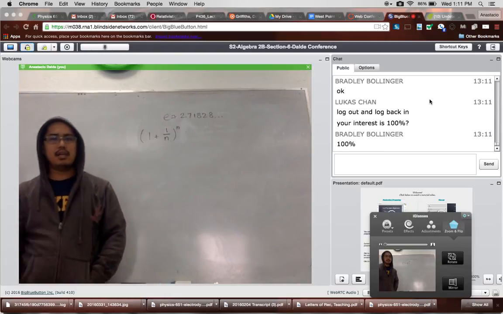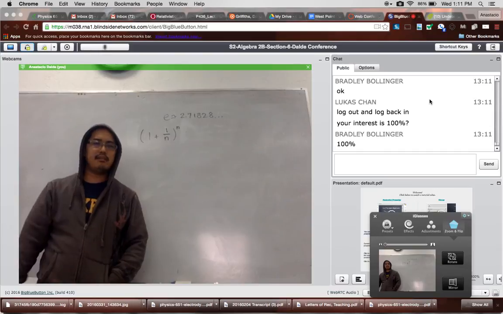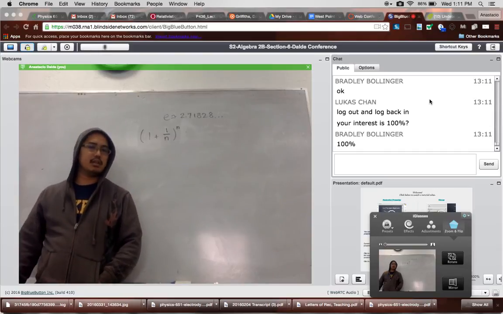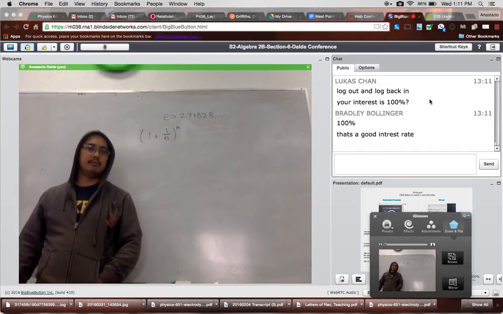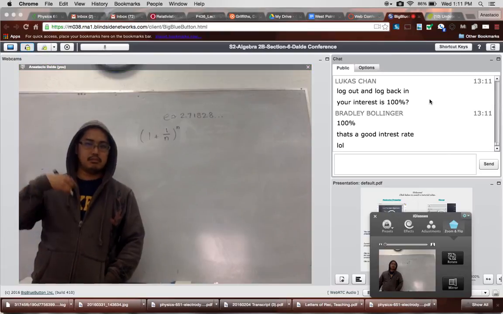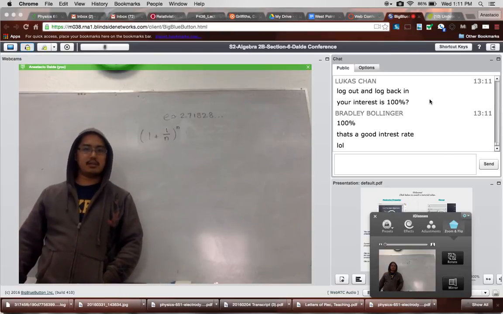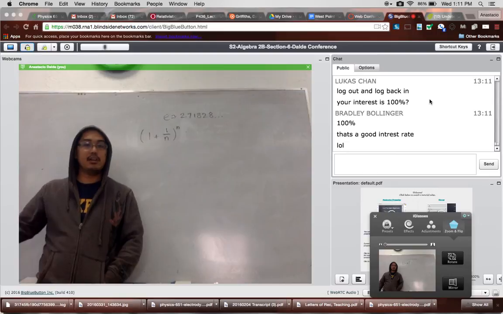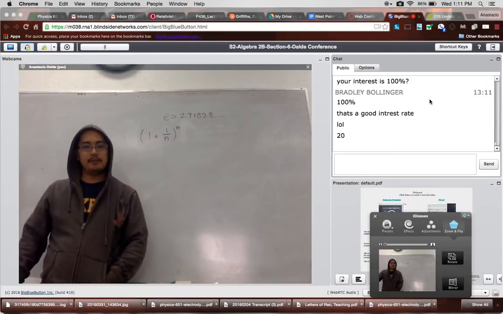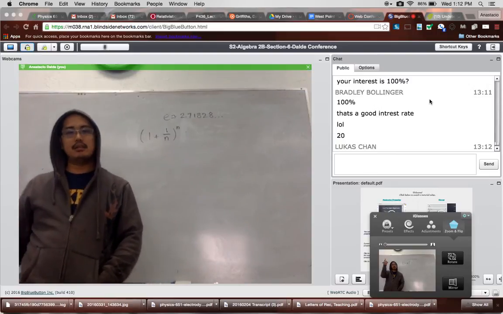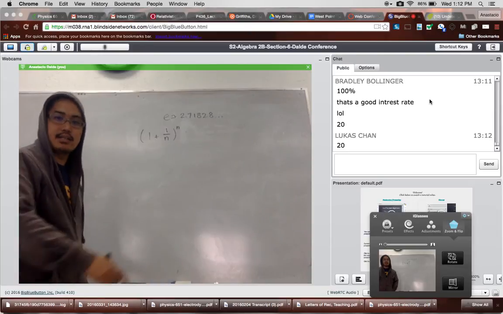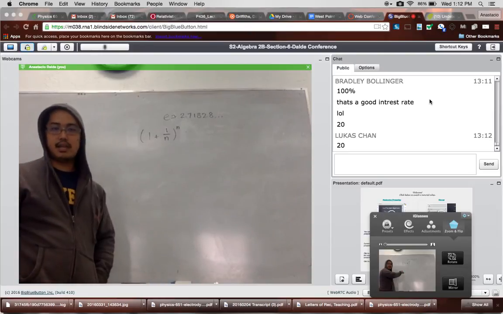So that means if you put this inside of my bank account and I told you interest is 100% and you put in $10, the next time I evaluate this, how much money are you going to have? You're going to have $20. So it's kind of this doubling thing that happens, right?